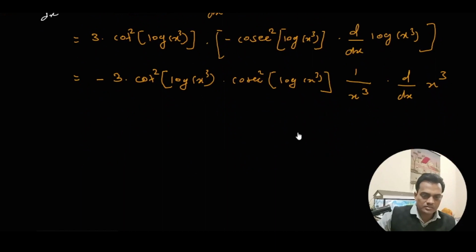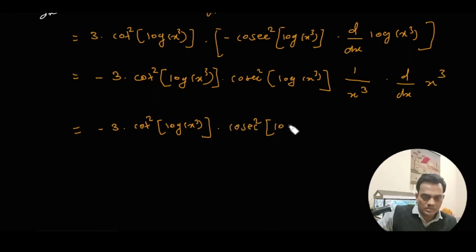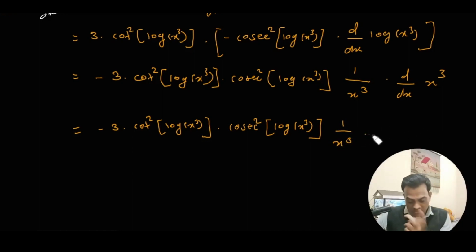So minus 3 cot square of log of x cube, then cosec square of log of x cube, this is 1 upon x cube, and the derivative of x cube is 3.